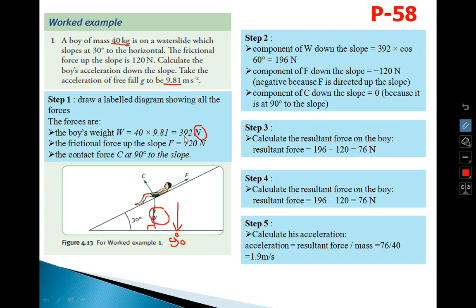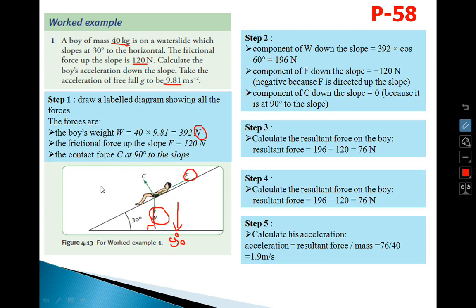Second one is the frictional force up the slope. This one, F here, is given in the question, and is equal to 120 Newton, acting this way. Okay, so we need to calculate the boy's acceleration.